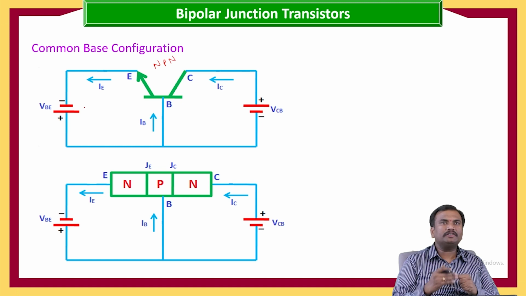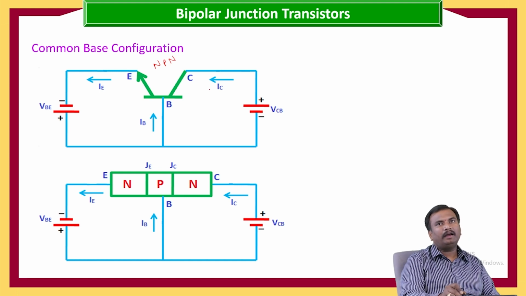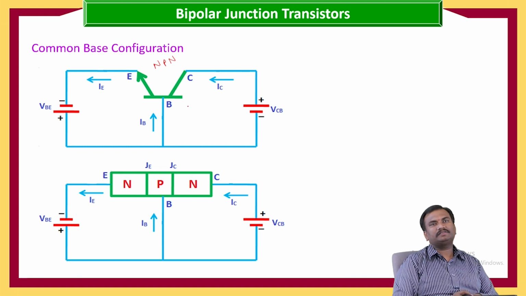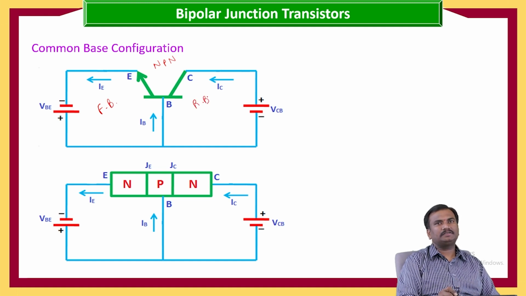So in order to achieve that, VBE negative is connected to the emitter terminal and VCB positive is connected to the collector of the transistor, so that the collector base junction will be reverse biased. So the primary side will be forward biased and the secondary side will be reverse biased.